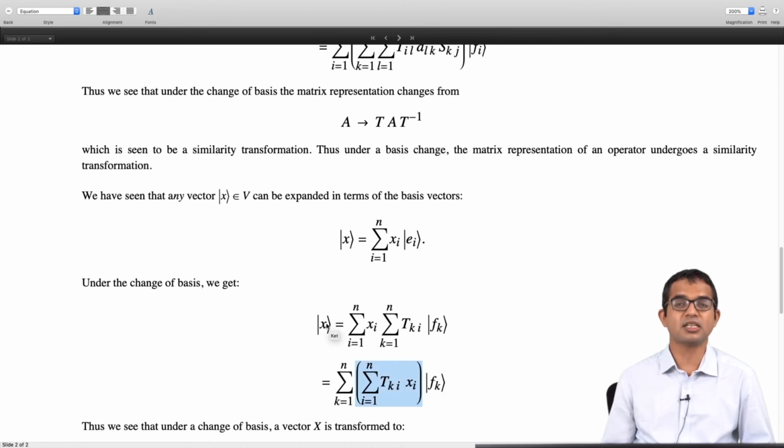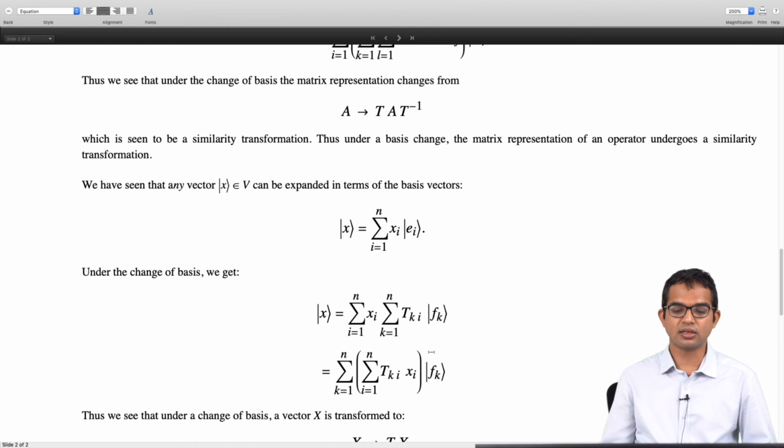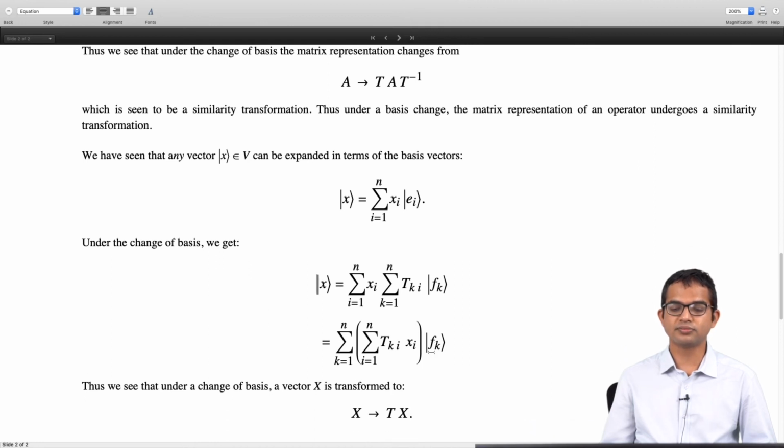So the vector is the same, right? It's an abstract quantity. If you wish, this can be as different as you please, as long as it satisfies the basic properties of vectors. But the representation is a bunch of numbers, these x_i's. Now those x_i's will have a transformation. If you go to a different basis, it will look different. Thus we see that under a change of basis, a vector is transformed to T times x.